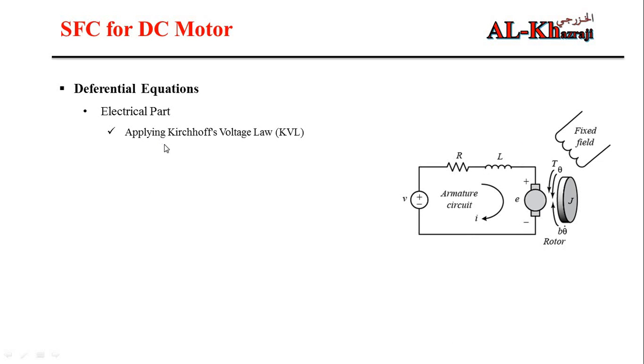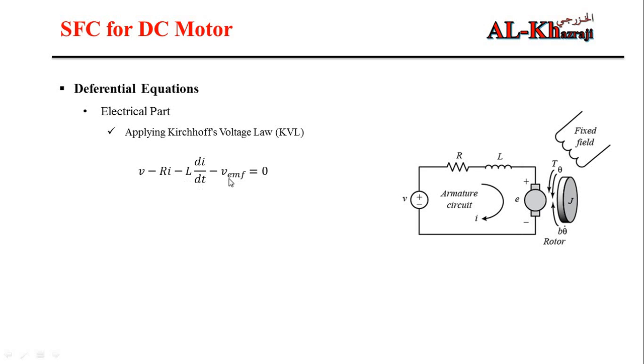So for the electrical part, we will use Kirchhoff's voltage law, which is the summation of voltages equal to 0. So we have the voltage source minus the voltage across the resistance minus the voltage across the inductance minus the voltage generated by the DC motor as an opposite voltage. We already know the first three terms. We have just a problem with this term.